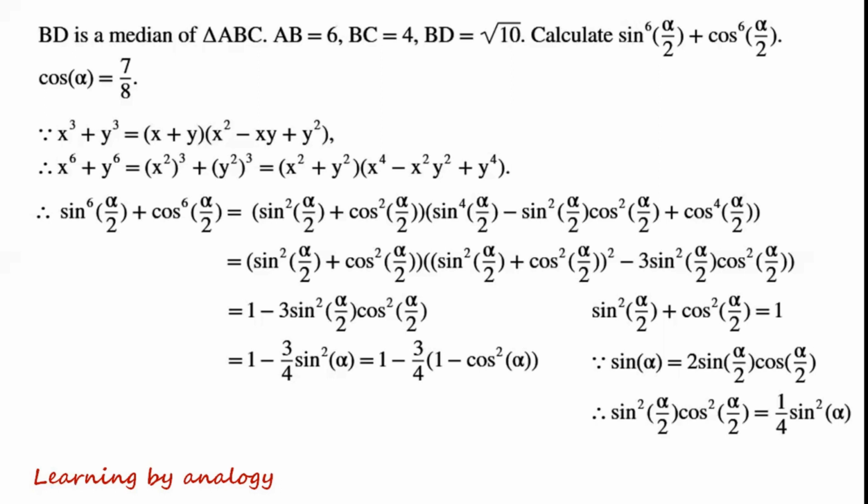So we can now write 1 minus 3 over 4 times (1 minus cosine squared alpha), which is equal to 1 minus 3 over 4 times (1 minus 49 over 64), which can be simplified to 211 over 256.